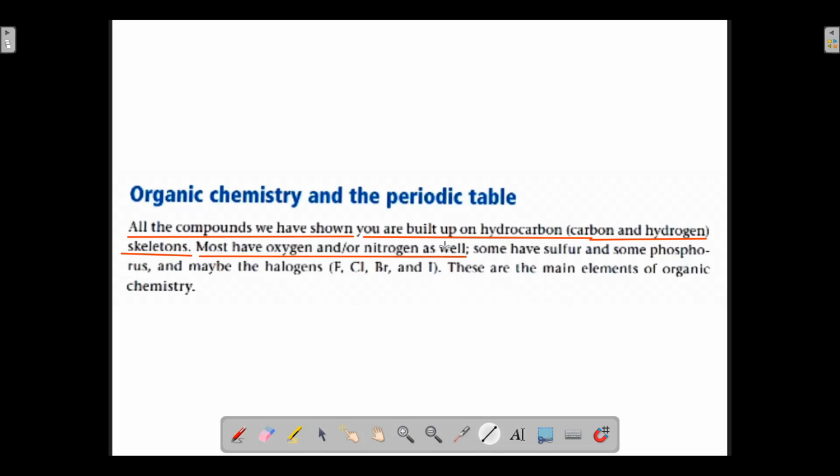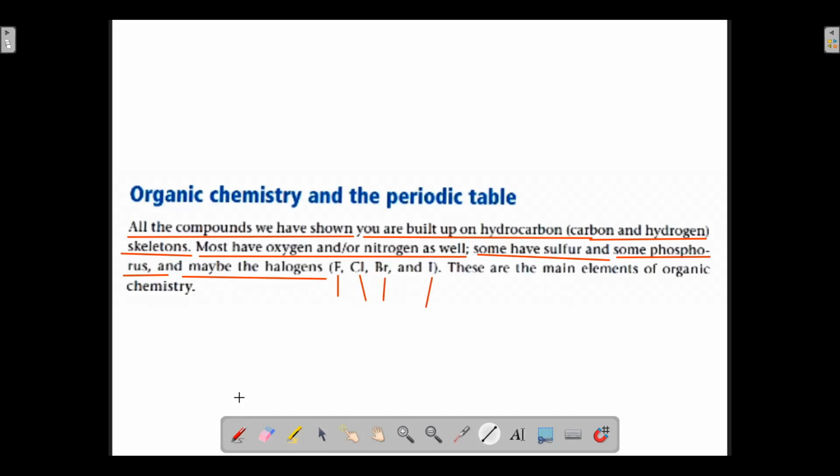Some have sulfur, some have phosphorus, and many also have halogens like fluorine, chlorine, bromine, and iodine.